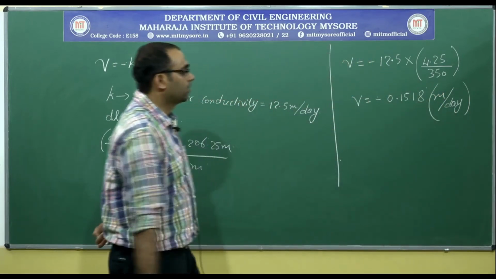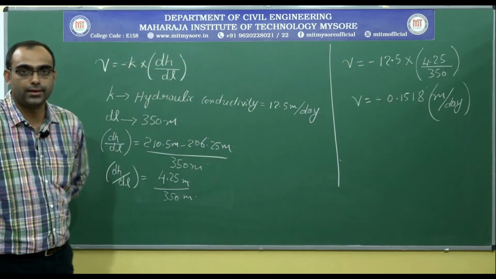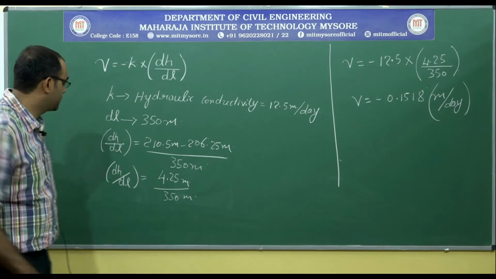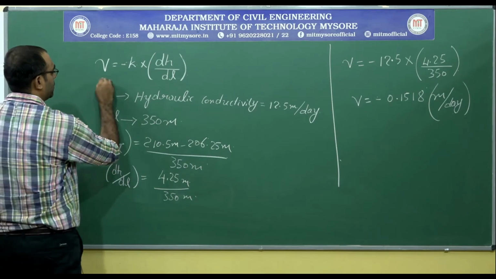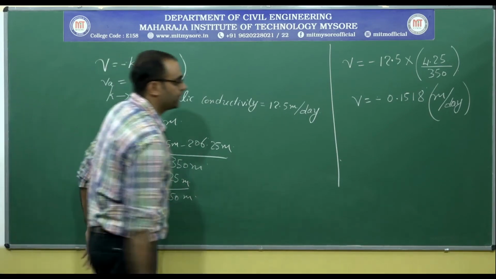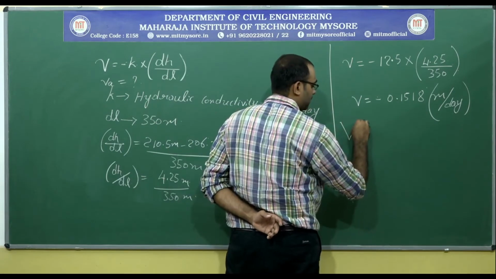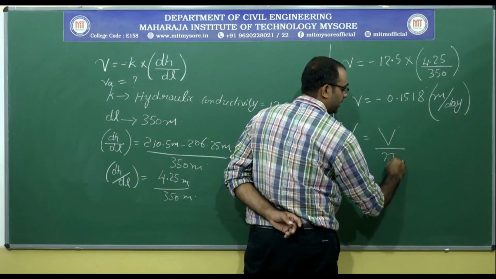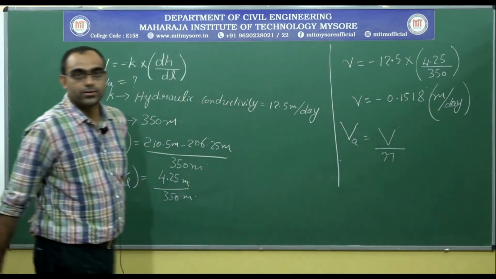Okay. So, we have got the value of the Darcy's velocity, and in the question they have asked to calculate the value of V actual. How will you calculate the value of V actual? We have a formula, V actual is equal to Darcy's velocity divided by the porosity.